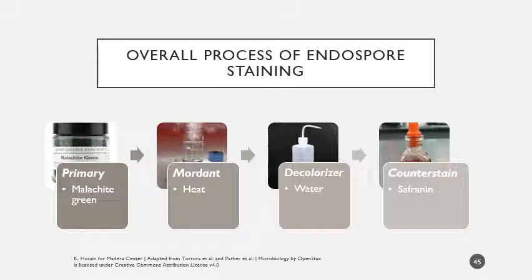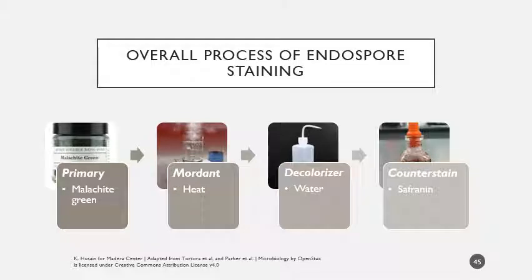You cover your slide in a paper towel after the smear has been heat fixed and everything, and then you just basically let that water boil and release steam and just soak the paper towel in malachite green repeatedly. Whenever it gets dry, just add more, and that's going to help break open that endospore and get that primary stain in. Because it's so secure at that point, you can just decolorize with water. You don't have to use anything like a dye remover, and then you can just counter stain using safranin.